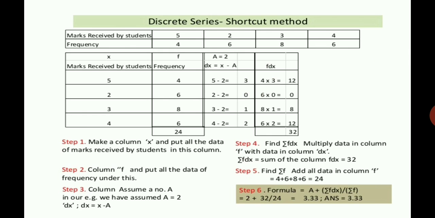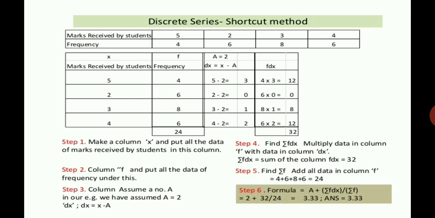When we use this method, the formula is x bar is equal to summation Fx upon summation F. In the discrete series, we also use the shortcut method, and in the shortcut method we have to assume a mean, that is a is taken as 2, and here the value of x is deducted from the a and it is called dx, and then dx is multiplied by frequency, it becomes f dx.